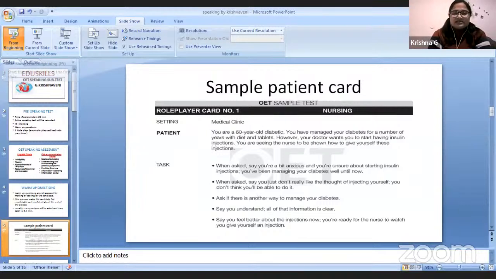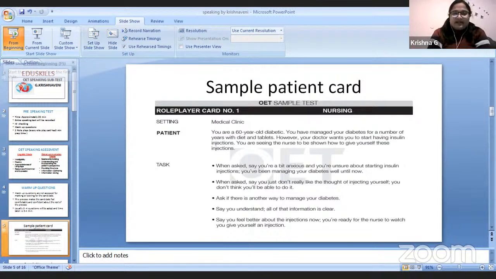So I always strongly suggest to candidates to be a good listener. Instead of focusing only on the role play card, listen to the patient. When the patient says something in the conversation, you can pick up some points and discuss the rest of the role play card as well.